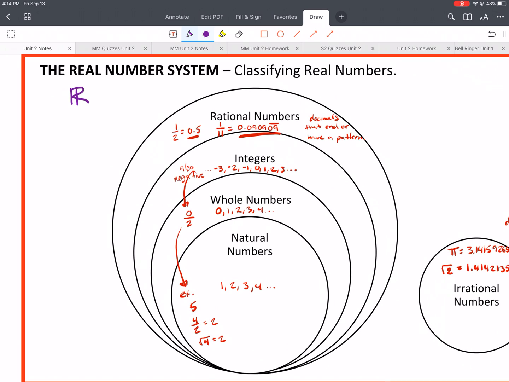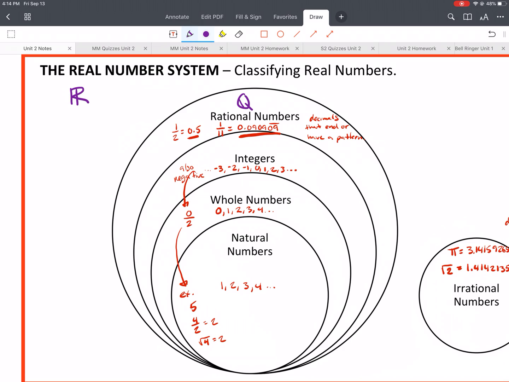To identify rational, since we already have an R, we use Q. Q has something to do with the German language. It has the word quotient, which is another word for a fraction.